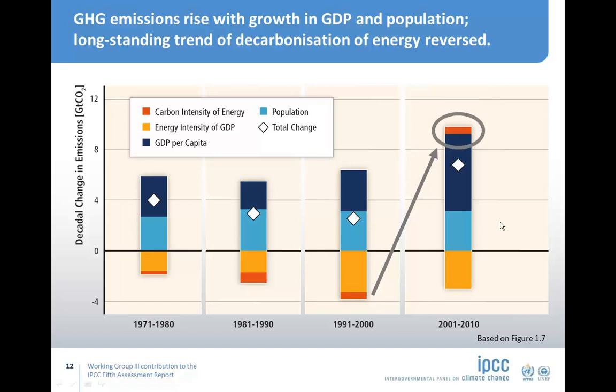And you see what the arrow is pointing to there is that the improvements in carbon intensity of energy, which were previously negative and improving in the last 10 years, are now resulting in an increase.